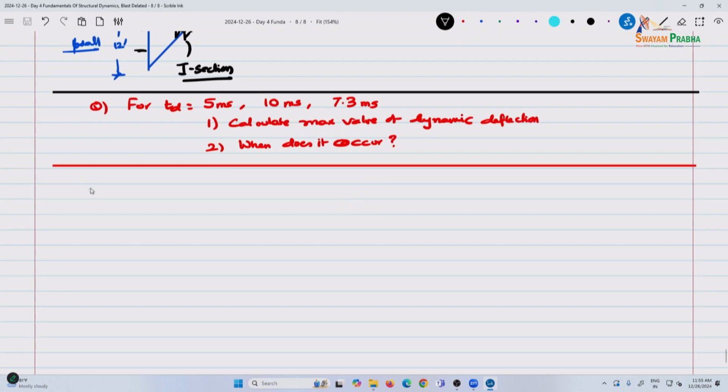So first step is to calculate the natural time period of the beam, of the structure, of the element.